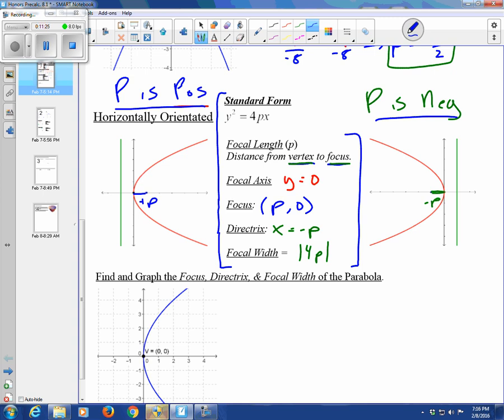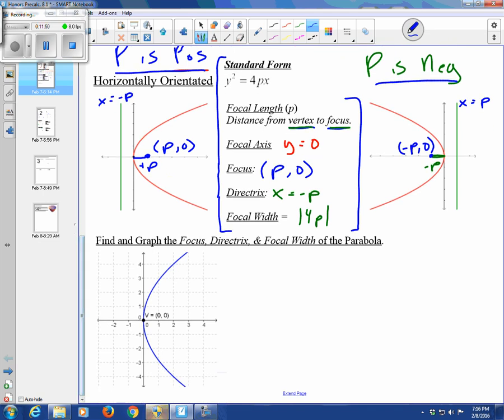If we're talking about that length as being a negative p, then there's our focus point, and we would see that ordered pair as negative p, 0, with our directrix as x equals a positive p. And with a positive p, we've got the focus as positive p, 0, and our directrix is x equals a negative p.